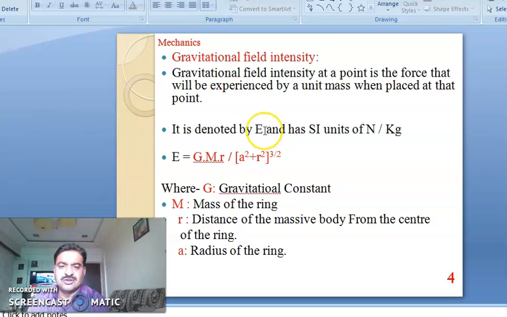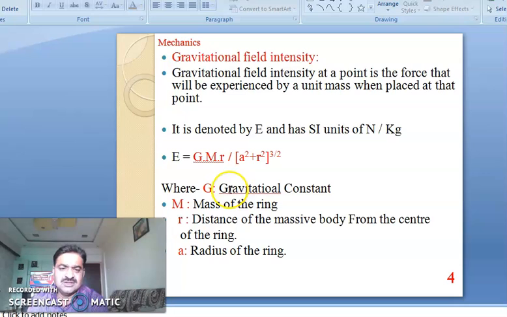It is denoted by the letter E and its unit is Newton per kilogram. Its mathematical expression is E = GMr / (a² + r²)^(3/2). Then the question arises, what is G, what is M, what is r, what is a?